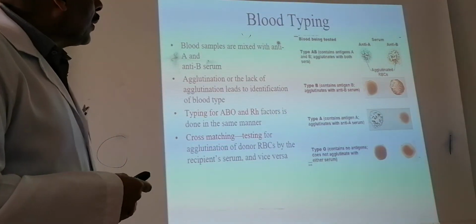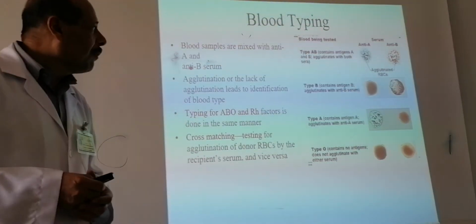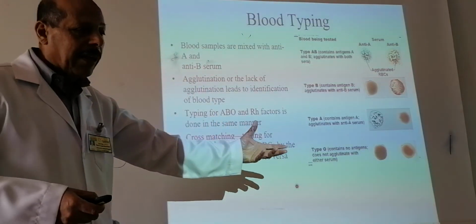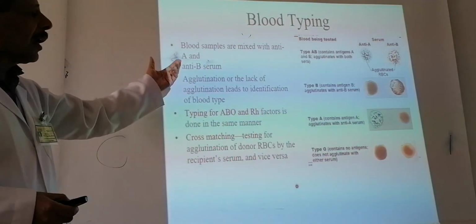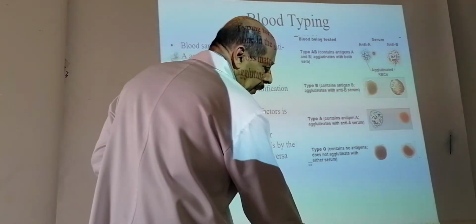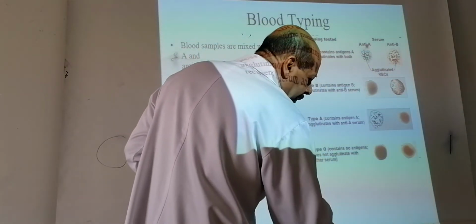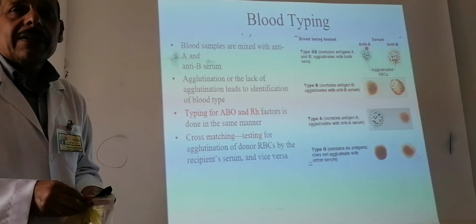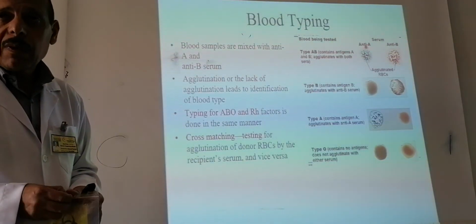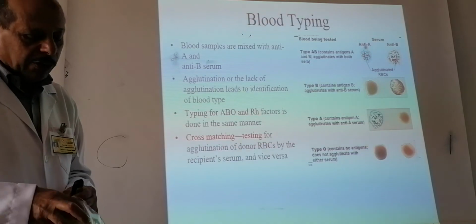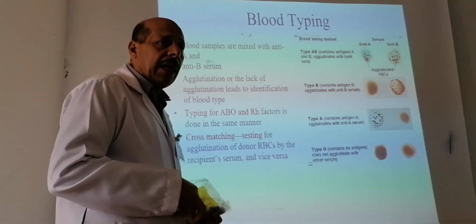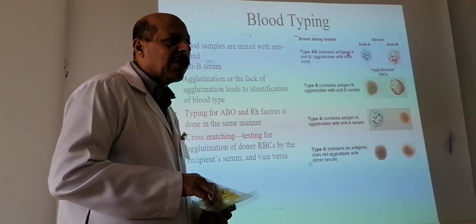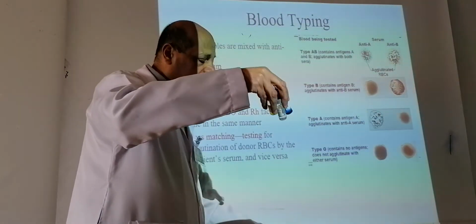Now, we will come to blood typing. With blood typing, we can know the blood type. We can know it by using antibodies, taking a specimen of three drops of blood from the person, and putting on each drop a drop from those solutions.